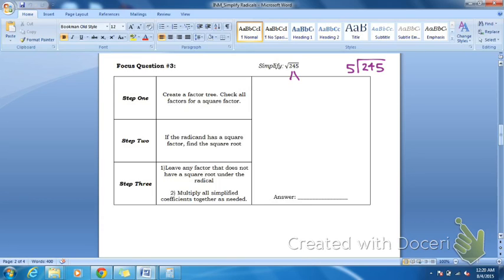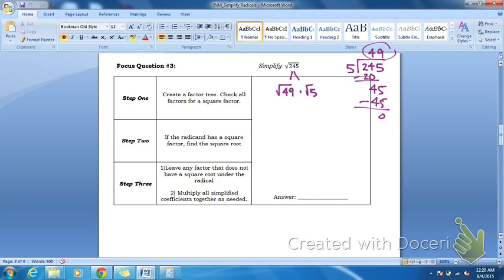So let's see. 24 divided by 5 is, well, 4, 20. 45 divided by 5 is 9. Ooh, I like that. Why do I like that? Because 49 really is a perfect square. So we're looking at the square root of 49 and the square root of 5.